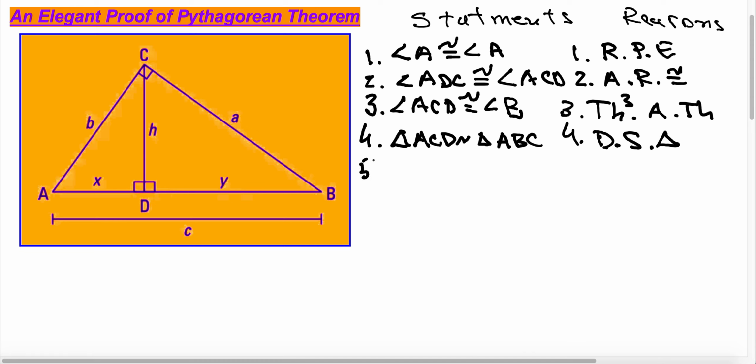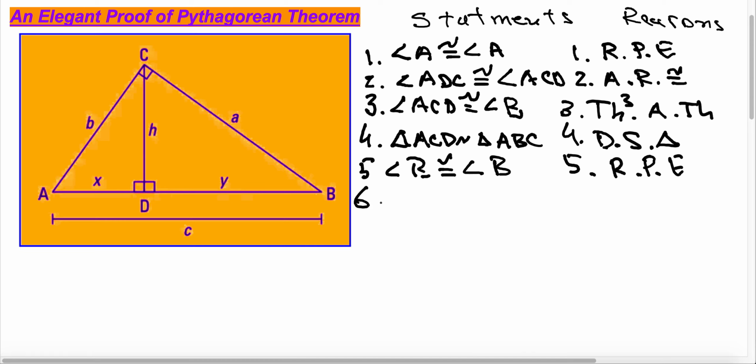Number 5, we are now comparing the medium triangle. Is it similar with the big triangle? Now both of them share the angle B. It means the angle B is congruent with angle B, so this is a reflexive property of equality.